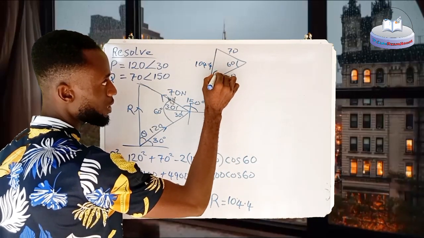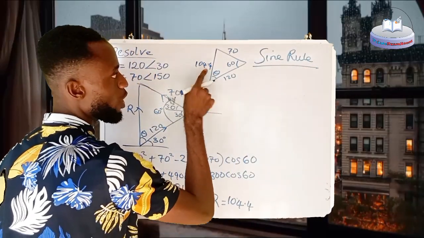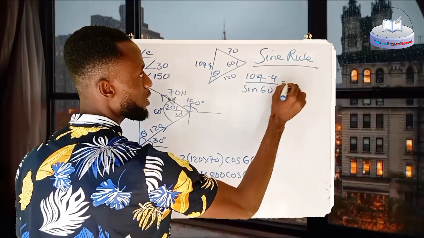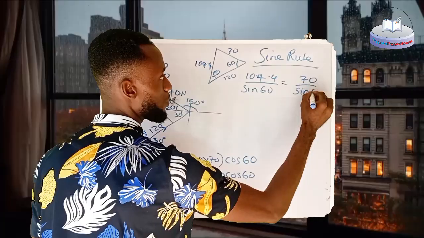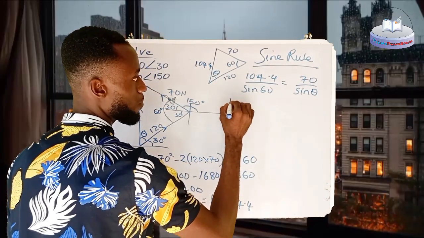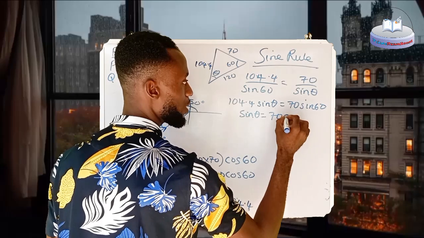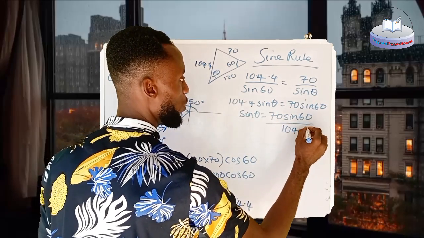So in order for me to get this theta here, I'll use the sine rule. The sine rule would say 104.4 divided by the sine of this angle will be the same as 70 divided by the sine of what I'm looking for. If we cross multiply, sine theta becomes 70 sine 60 divided by 104.4.